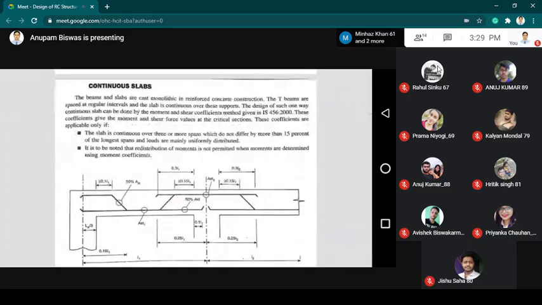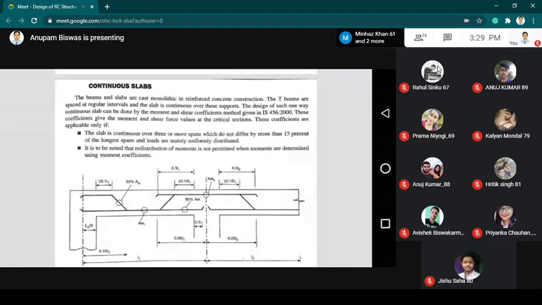Next is the continuous slab. A continuous slab is a slab that is cast monolithically with the beams, with the members running over the span with multiple supports.